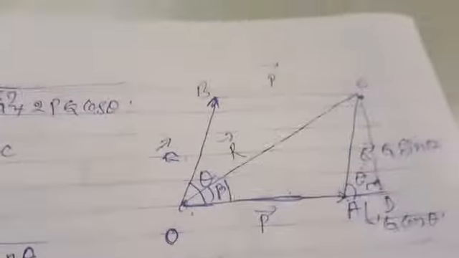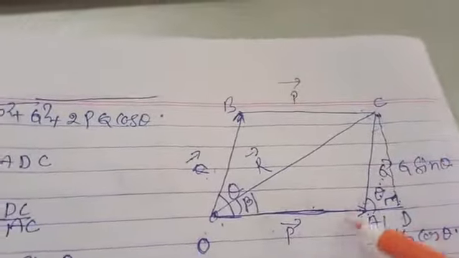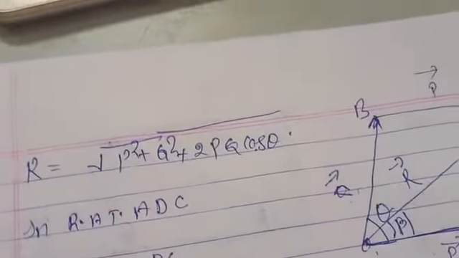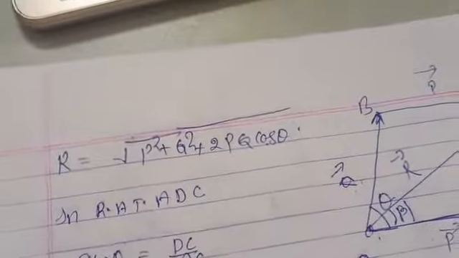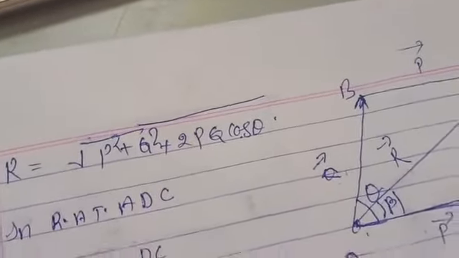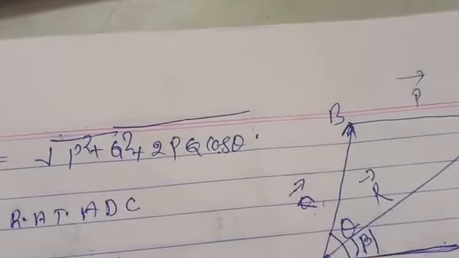And here, if the angle between OCA is equal to beta, so therefore tan beta is equal to perpendicular upon base, so DC upon OA.